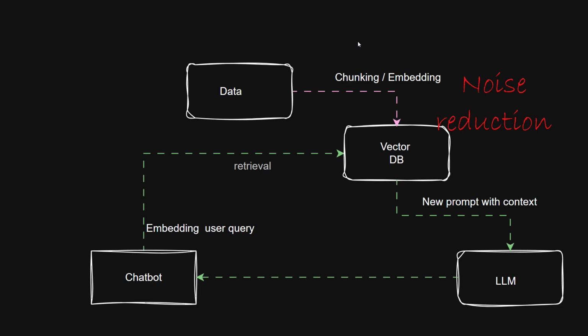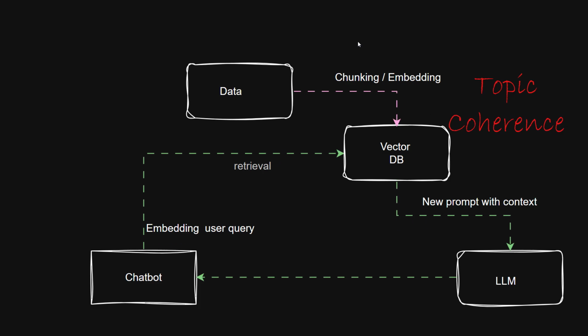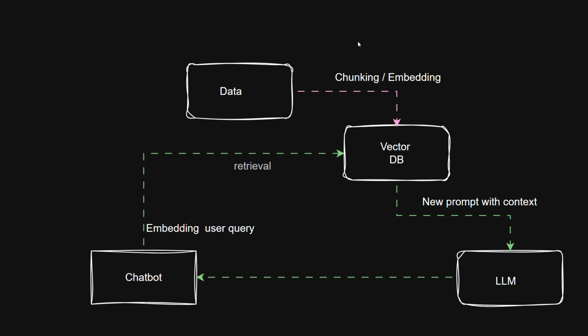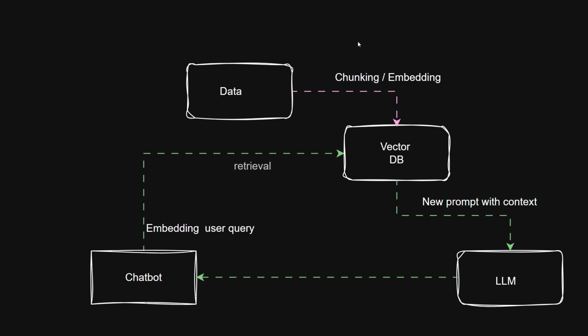Large documents can contain multiple topics or sections. But by chunking, you can preserve topic coherence within the chunk, leading to a cleaner embedding. So this can help ensure that irrelevant or unrelated parts of the document don't interfere with the retrieval.